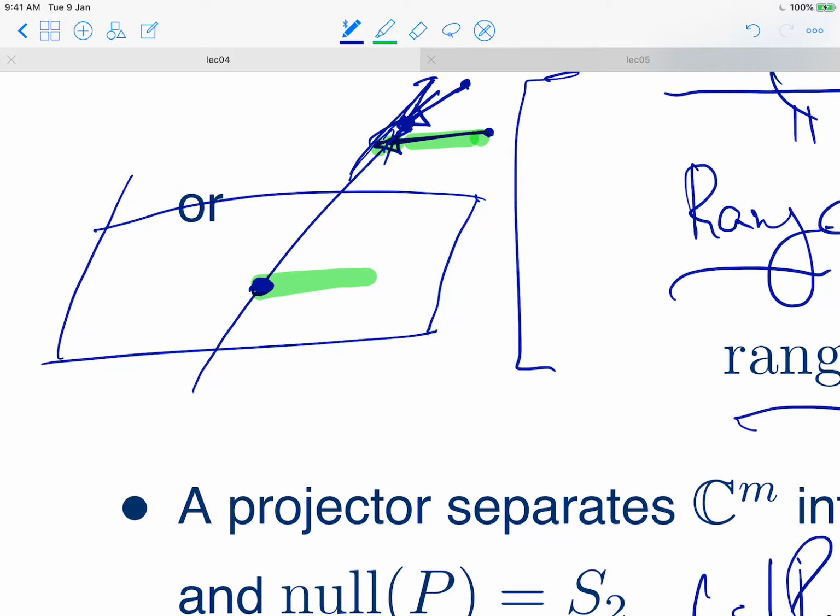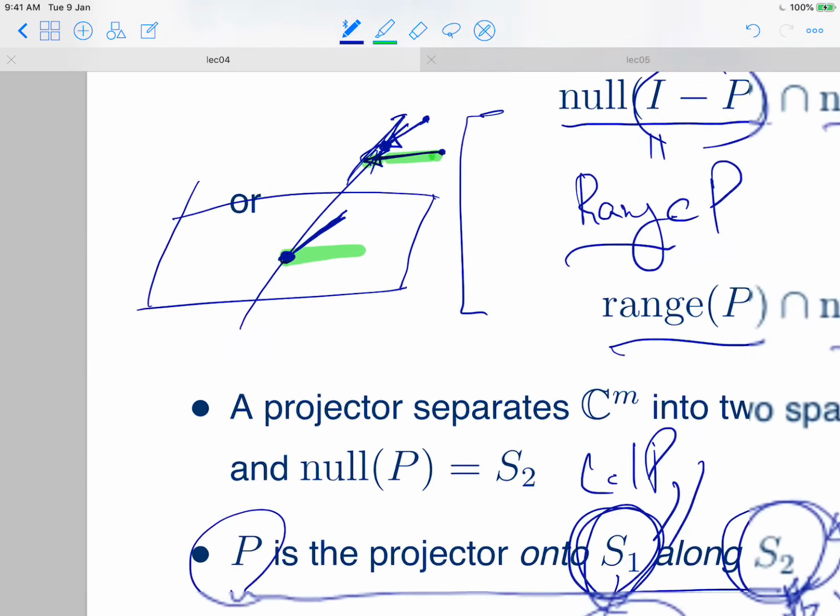If we move it in parallel as a vector starting from the origin, it will be like this vector. So the light shedding direction is not just one-dimensional. It can also be two-dimensional, depending on the dimension of our S2.